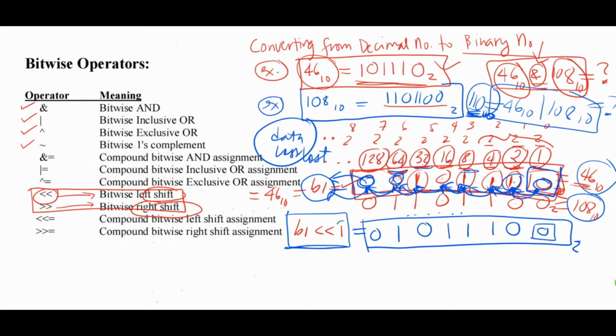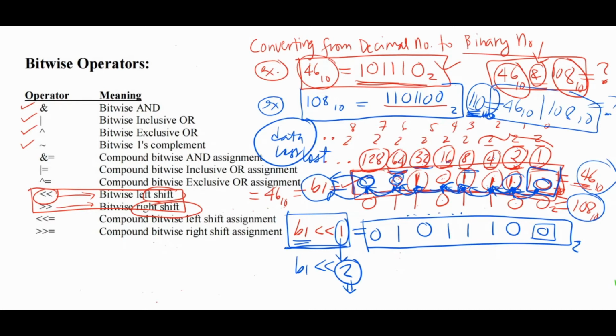The value here is the number of steps you shift the operand B1 to the left. If this is B1 left shift twice, the 2 here is the number of bit positions to move.